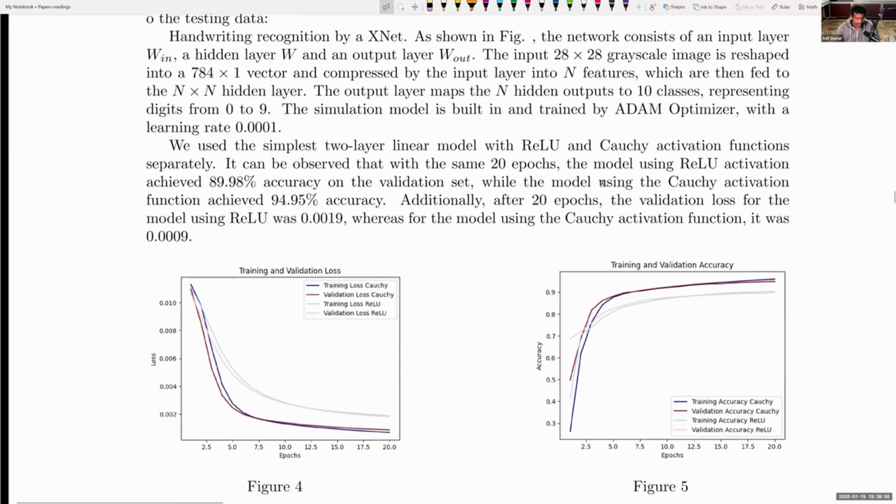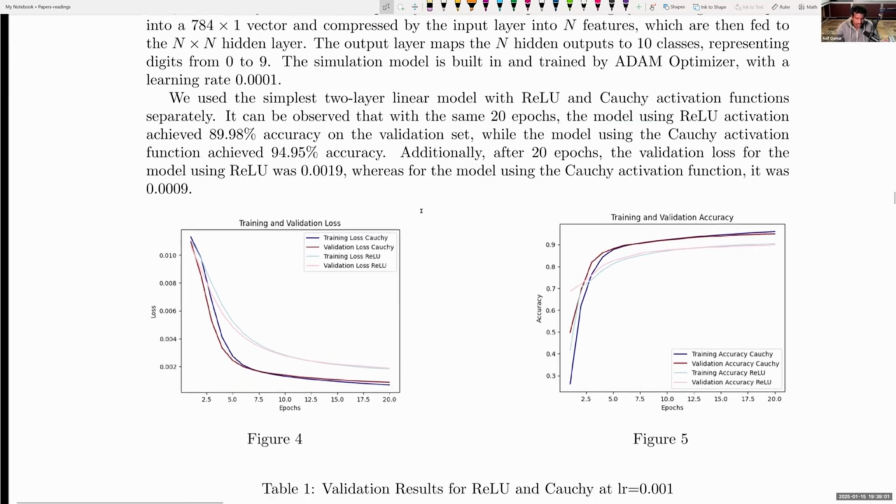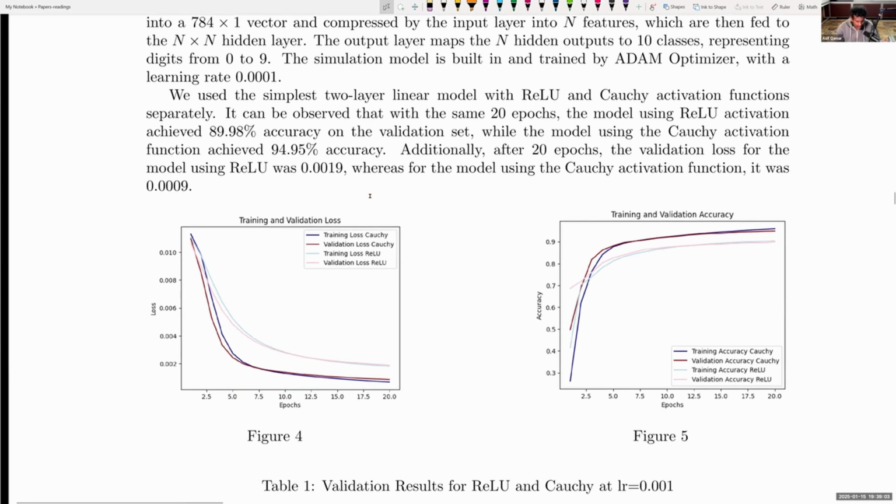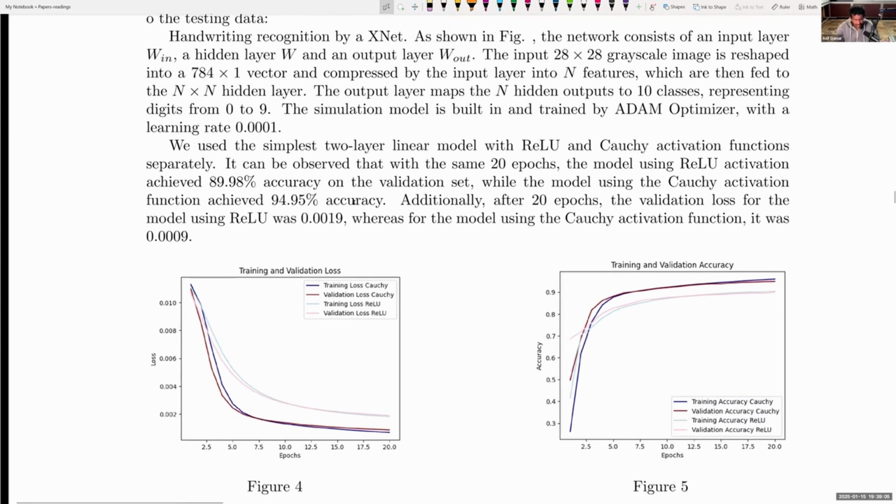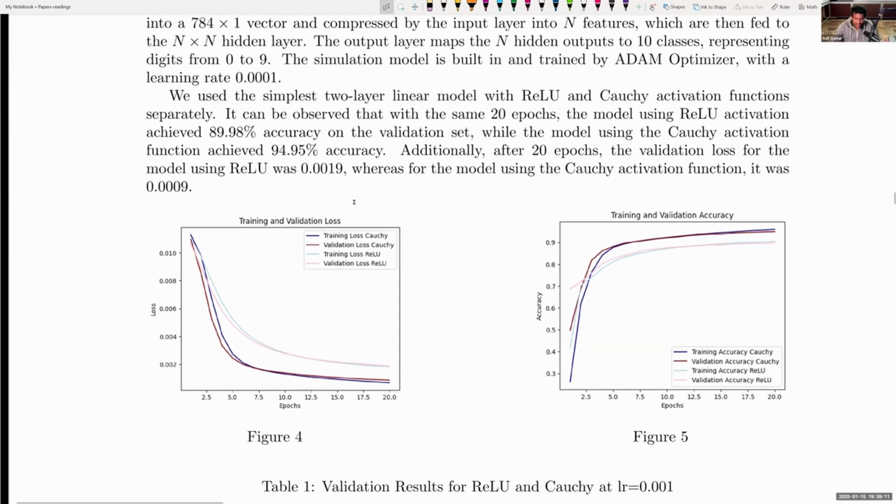It's pretty much a thrashed problem right now. With the MLP itself it is already solved, and then there are convolutional neural networks, vision transformers, and all kinds of advancements. But we're just going to try to replace the activation function with the Cauchy.